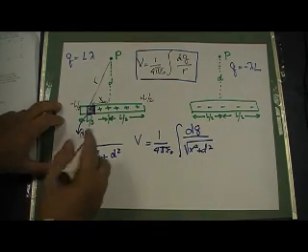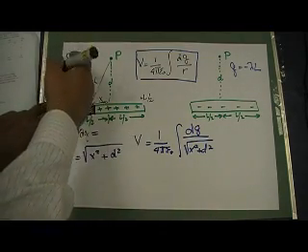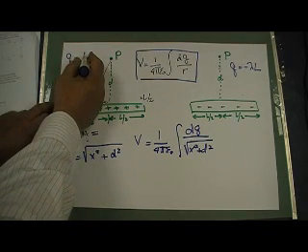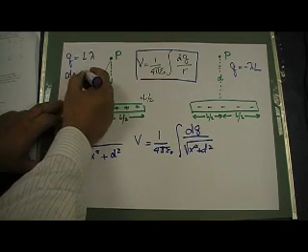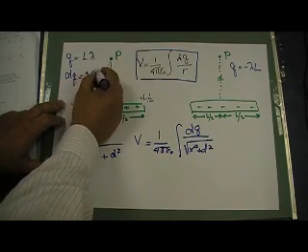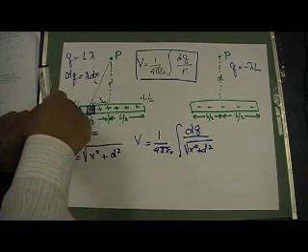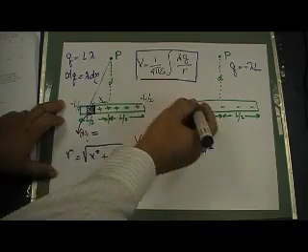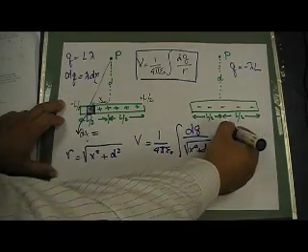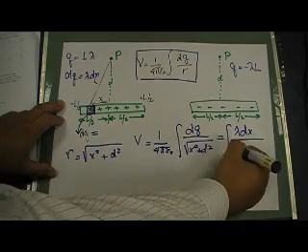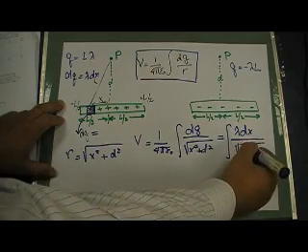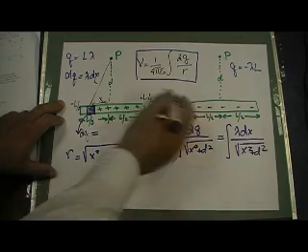What is dq? dq is defined from here. If I take lambda to be constant and x along L, then dq will be lambda dx. And x goes from minus L over 2 to L over 2. So this will be equal to lambda dx over the square root of x squared plus d squared.